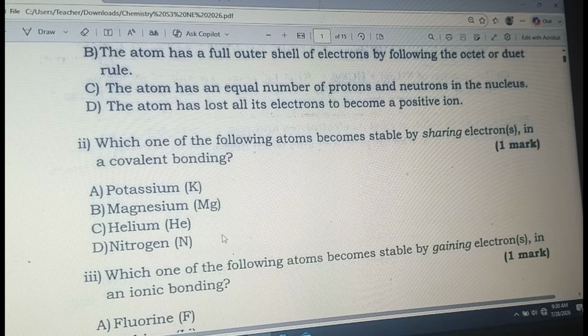C, helium is a noble gas. D, nitrogen. Nitrogen is diatomic, meaning between the nitrogen atoms we have a triple bond. The bond between nitrogen and nitrogen is what we call a covalent bond. Since a covalent bond involves sharing electrons, the best option is D, nitrogen.